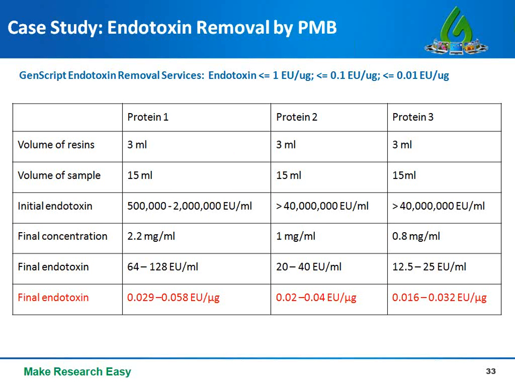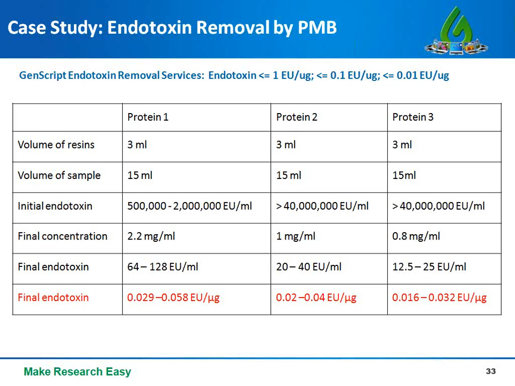The table here showed 3 cases of our endotoxin removal services we did for the customers whose samples all had very high endotoxin levels. Each case was using 3 ml resins on 15 ml samples, and we reduced the endotoxin levels up to 2 million-fold, with the final endotoxin levels all below 0.1 EU per microgram.